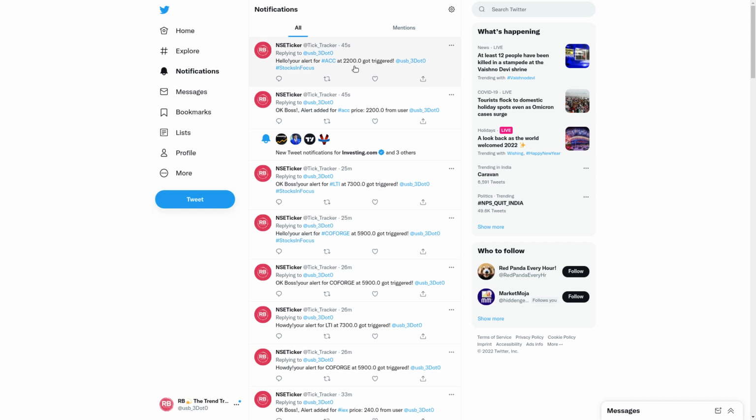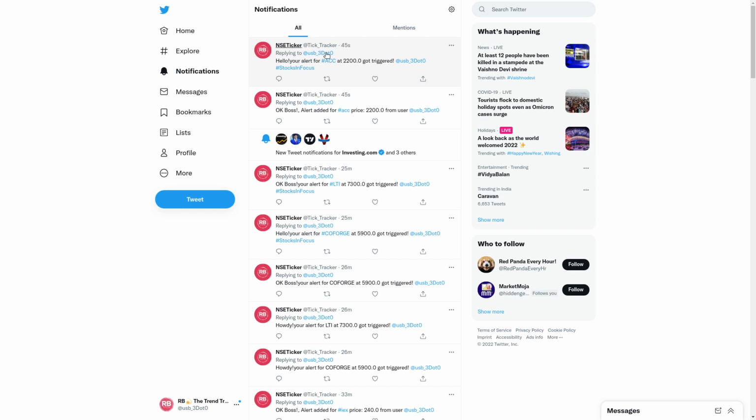So there is a plus minus 0.5% of this particular price, which will act like the zone. So whenever ACC is going to come near this zone, you will get an alert, and this should happen in real time, just like here, it happened in real time as we saw.